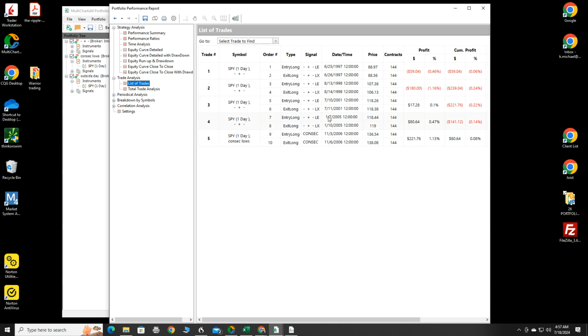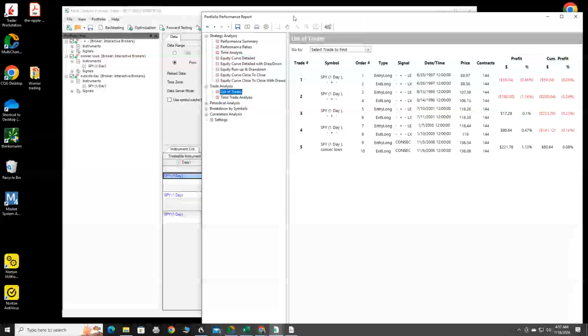It won't tell you what that is in the trade list, but if you turn ensemble off and go through it, you will find it. But most of the trades that were duplicated at the same time were outside days in this particular example, or consecutive lows.